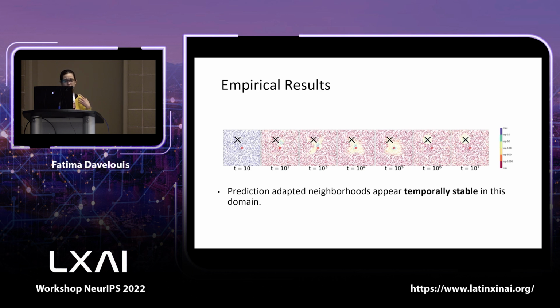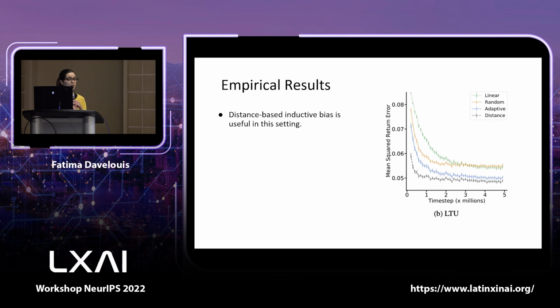We also show that prediction adapted neighborhoods appear temporally stable in this domain. So after 1 million time steps, the neighborhoods tend to stabilize. And finally, I'm also showing learning curves. So in the plot here, the x-axis is the time steps in millions. The y-axis is the approximation error.